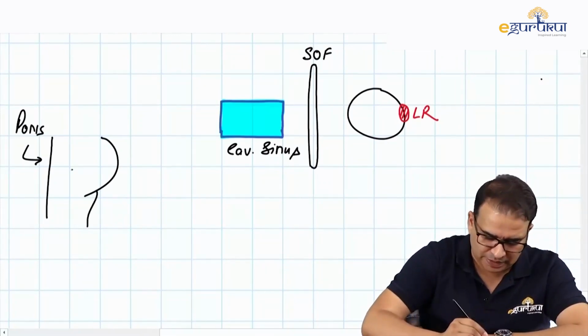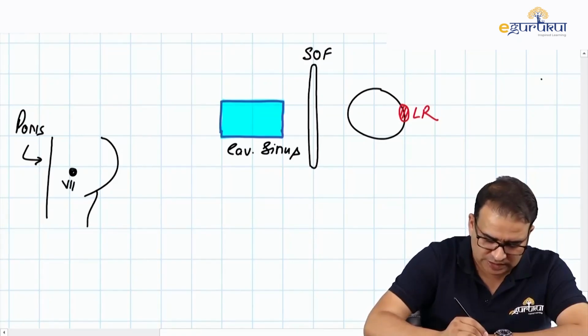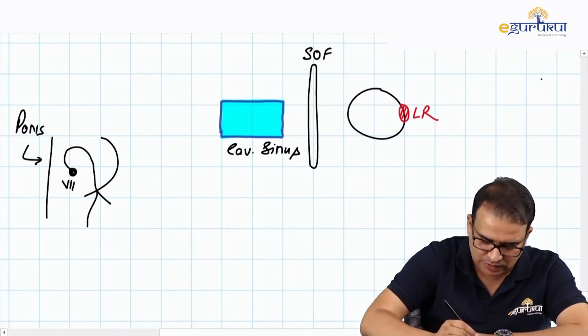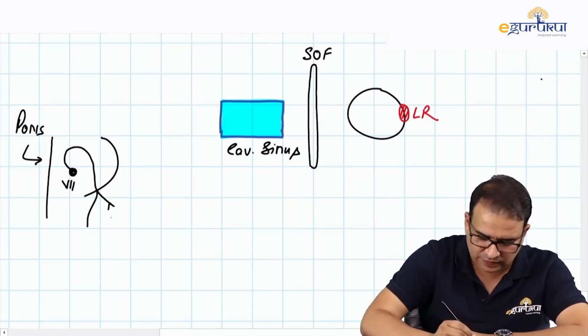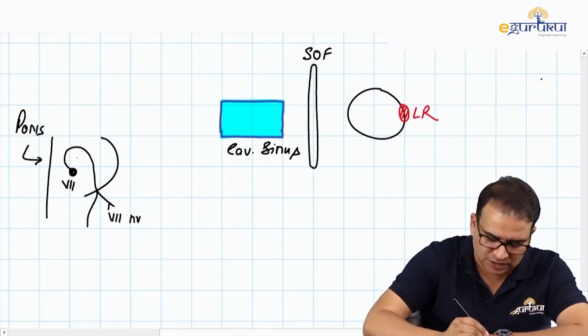What we already mentioned here is that the facial nerve nucleus will be there. The facial nerve winds like this and then comes out from the pontomedullary junction. We'll see that later. This is the facial nerve, and it is winding around the sixth nucleus only. So that, let's say, is the sixth nucleus.